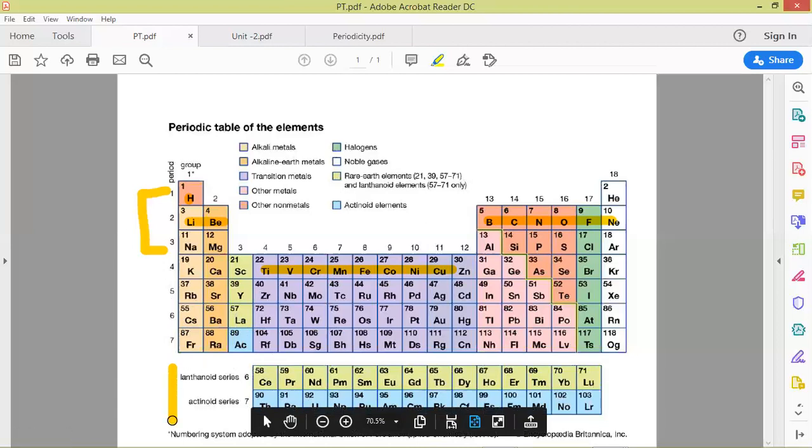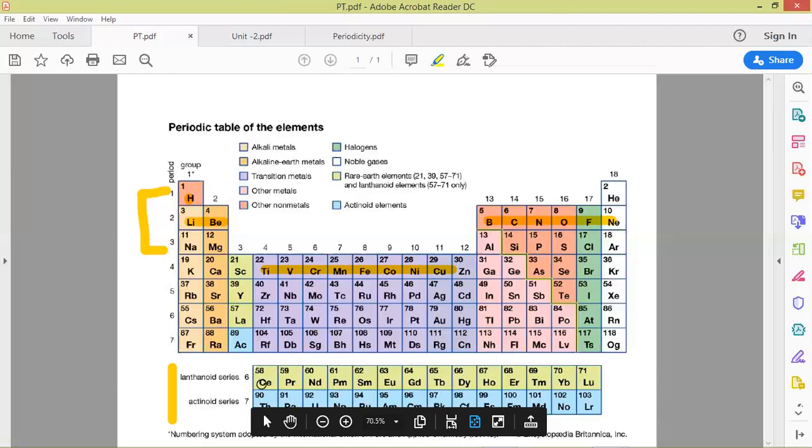This is because in these two periods, or in these 14 short groups, there occurs a filling of the 4f subshell and the 5f subshell respectively as we move from left to right. So these are placed separately based upon their properties.